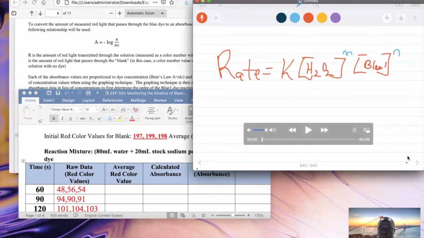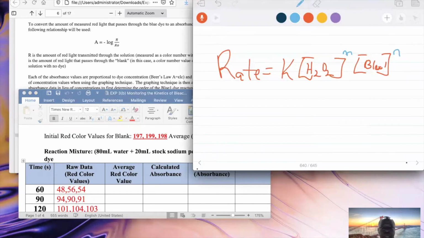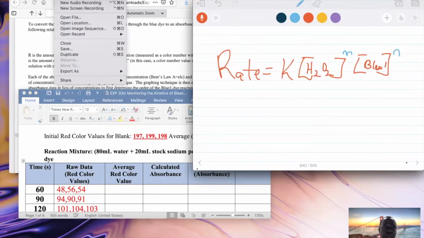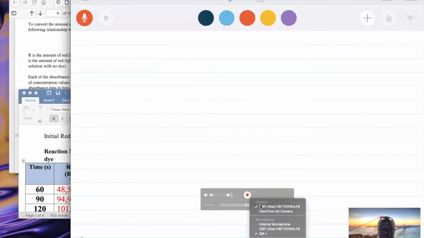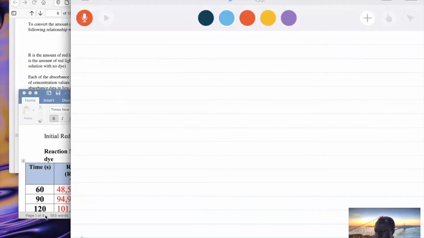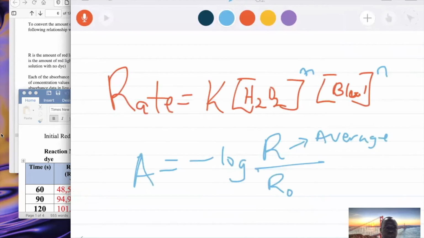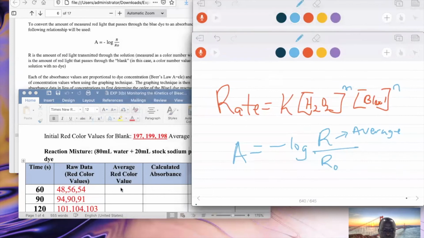So you will need to understand that so that you have the value for the absorbance. This is the calculated absorbance value. You will use that equation.